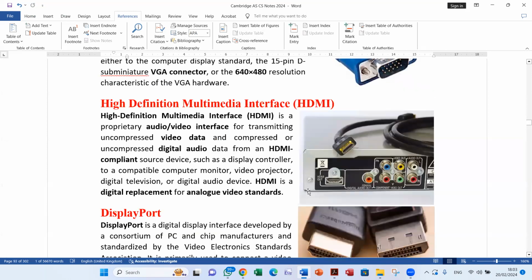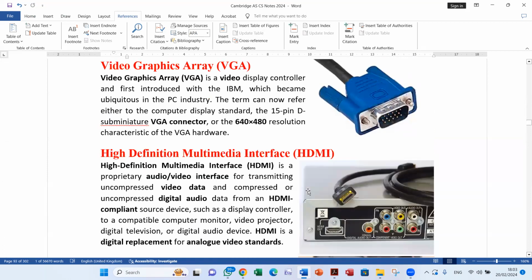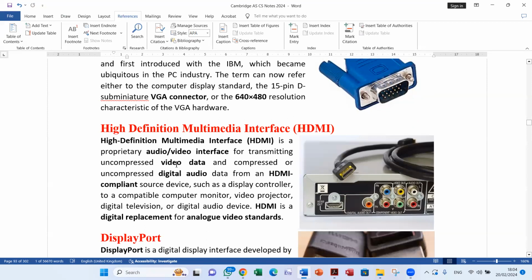We also have VGA, the video graphics array. This used to be used to connect televisions and analog monitors. However, now things are getting digital and monitors are connected using HDMI.